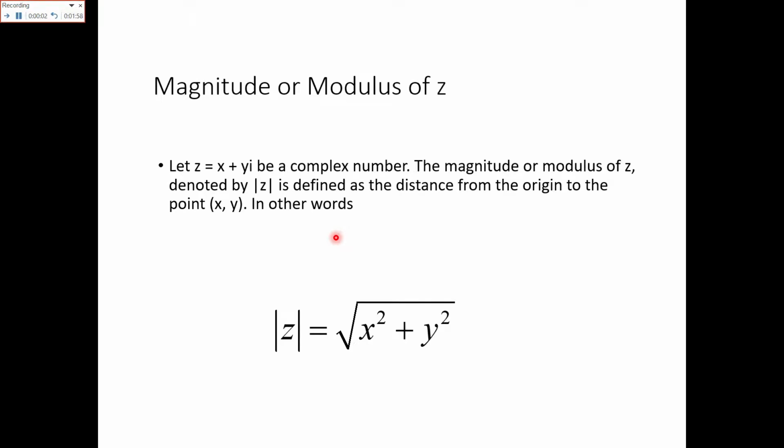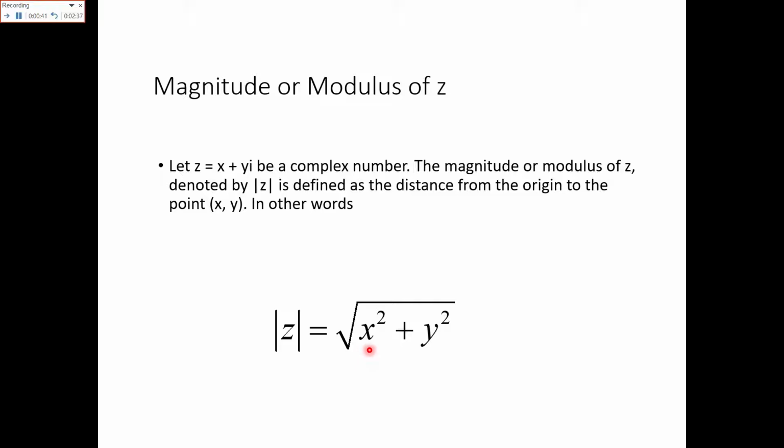Now what is the magnitude or modulus of a complex number? Let z equals x plus iota y be a complex number. The magnitude or the modulus of z is denoted by |z|, and that is equal to the square root of x square, the real part squared, plus y square, the imaginary part squared.